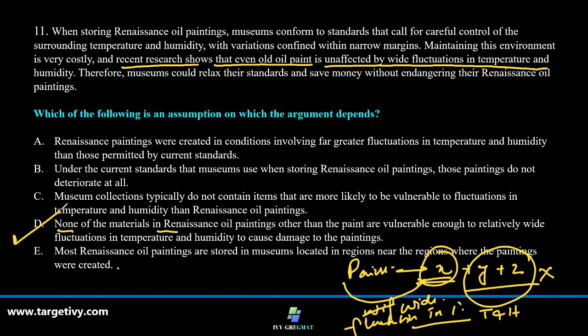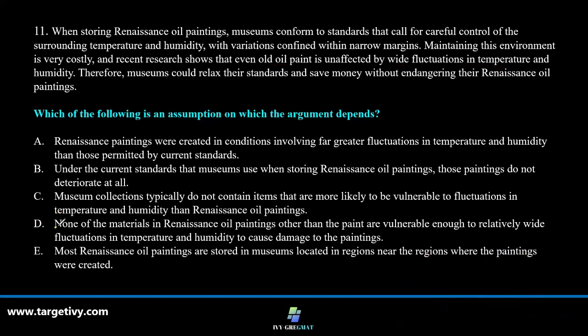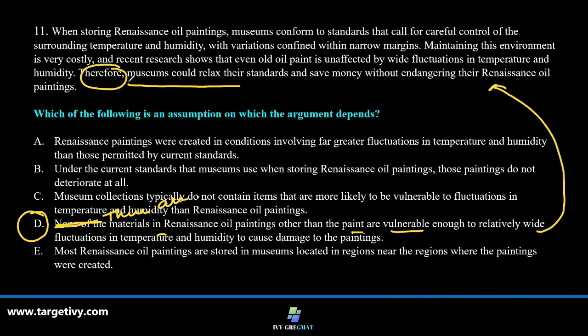Let's see if we put it like this: there are materials in Renaissance oil paintings other than paint that are vulnerable enough to relatively wide fluctuations in temperature and humidity to cause damage to the paintings. Then in that case, if we negate option D, the conclusion is weakened.